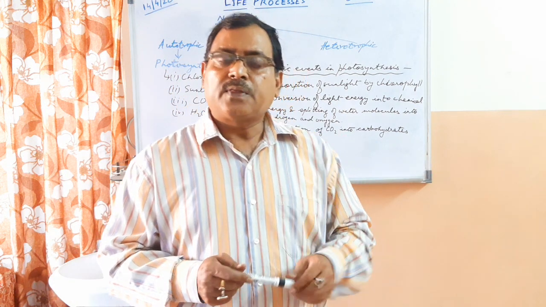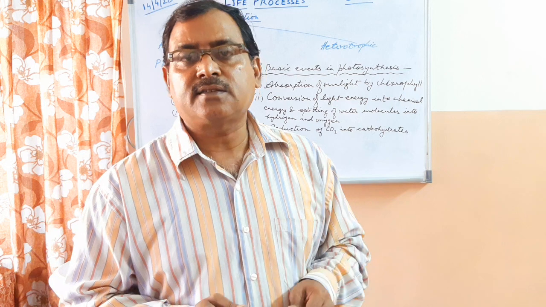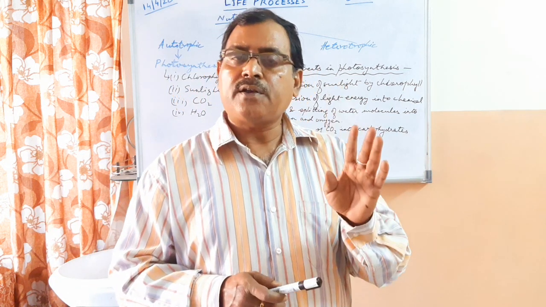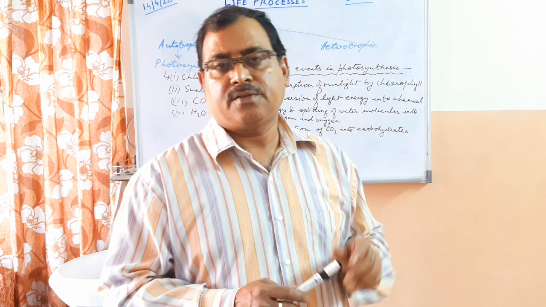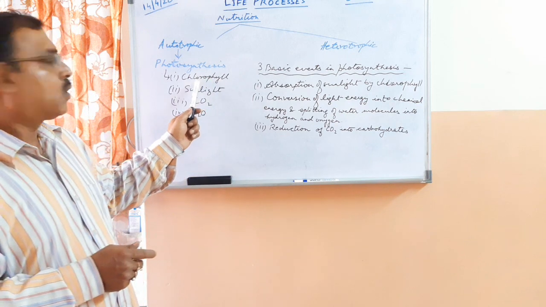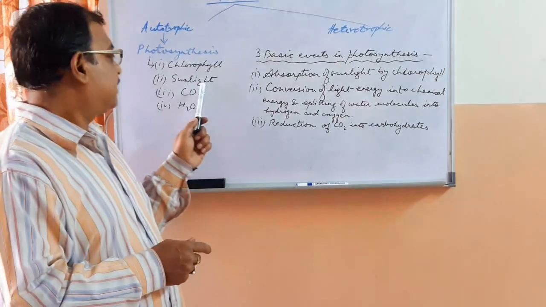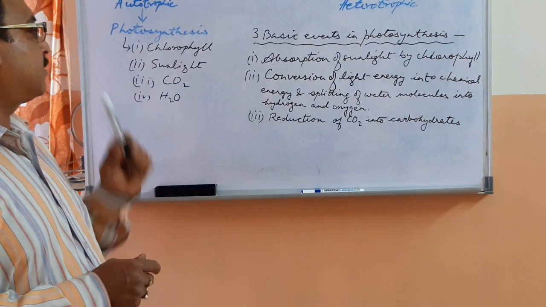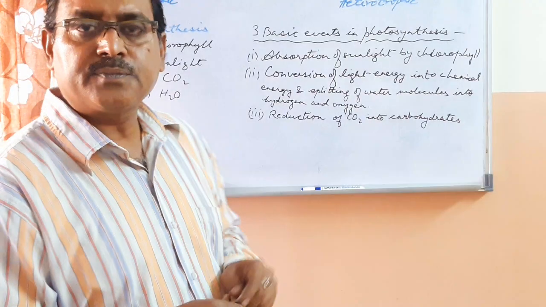So, the process of photosynthesis requires four basic things. Now, these four basic things are chlorophyll, sunlight, carbon dioxide and water. Now, what is this chlorophyll?